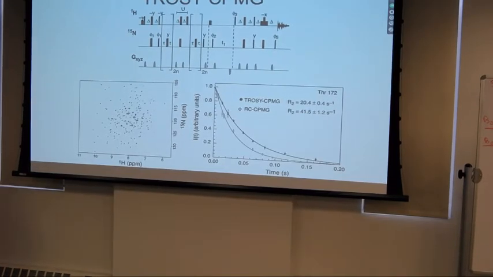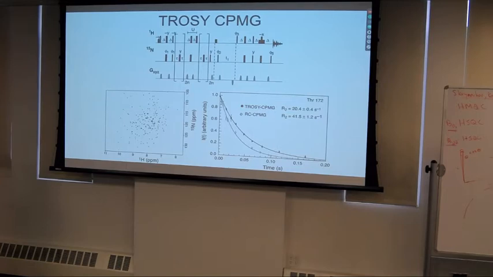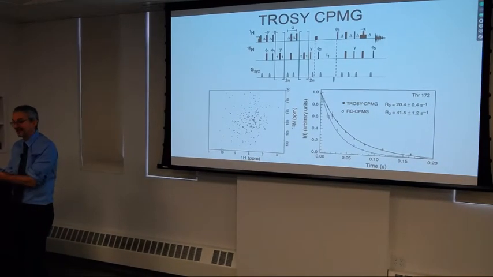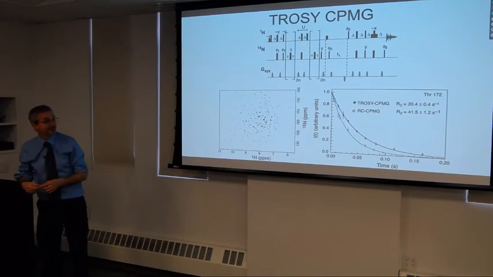One 180-degree pulse changes alpha to beta and beta to alpha. We don't want to do that because that's swapping broad and narrow lines. So we need two 180s to make sure the alpha state stays alpha and the beta state stays beta. So that's really the only difference in this experiment.